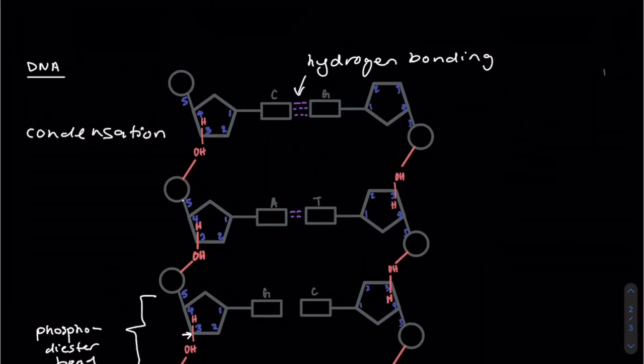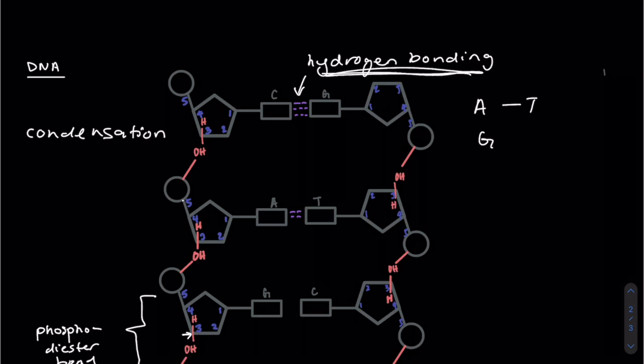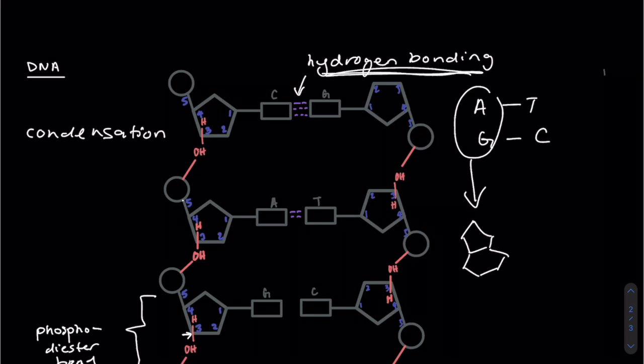The two polynucleotide chains in the DNA, as I mentioned, are held together by hydrogen bonding between complementary nitrogenous bases. This means that adenine will always bind to thymine and guanine will always bind to cytosine. And this is because adenine and guanine are both purines, meaning that they're double-ringed structures, whereas thymine and cytosine are single-ringed.